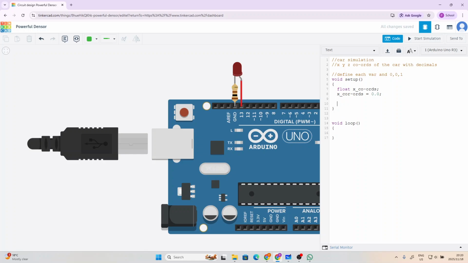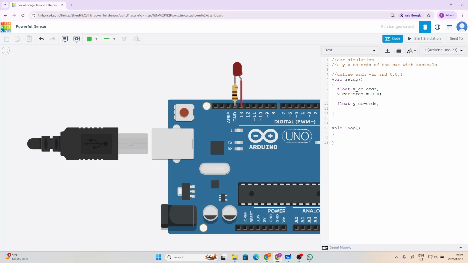Then who can tell me how to do it for the y value? It's still a float. All of them are floats because we want to be able to handle decimals. Float y underscore coordinate, semicolon. That defines it.